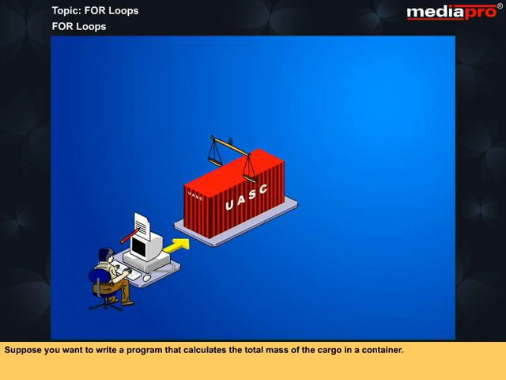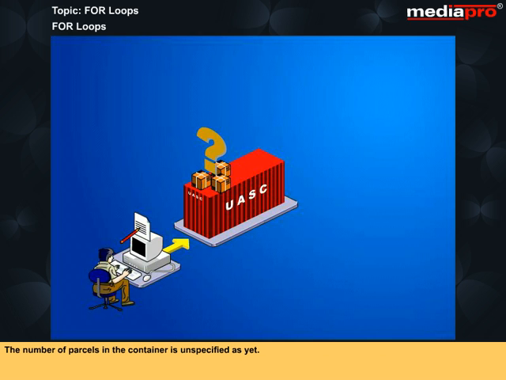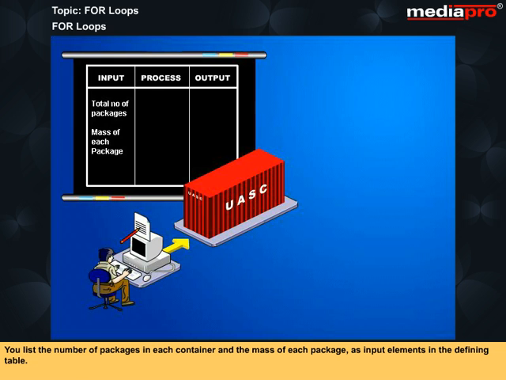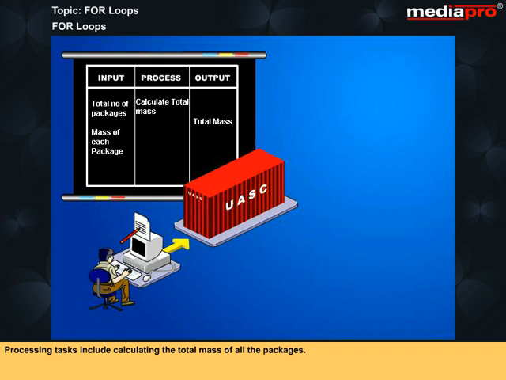Suppose you want to write a program that calculates the total mass of the cargo in a container. The number of parcels in the container is unspecified as yet. You list the number of packages in each container and the mass of each package as input elements in the defining table. The total mass is listed as output. Processing tasks include calculating the total mass of all the packages.